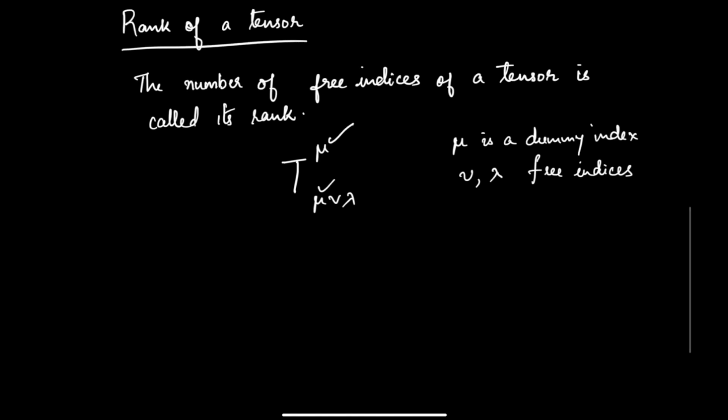So what is the rank of this particular tensor? It will be 2, because rank is the number of free indices of a tensor, right? Here nu and lambda are free indices. Therefore, the rank of T is 2.